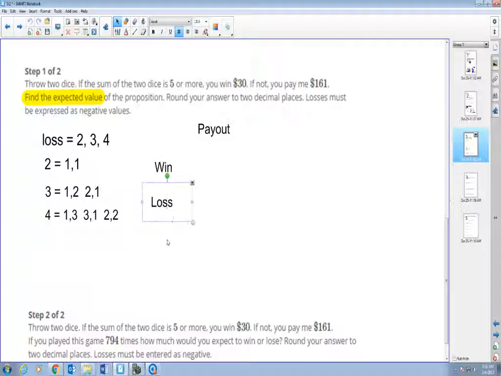Alright, so the payout is either $30 if you win, which again I'm going to put in green, or you lose negative $161.